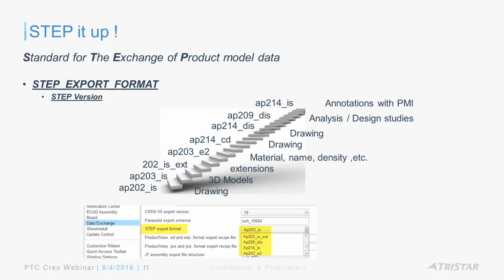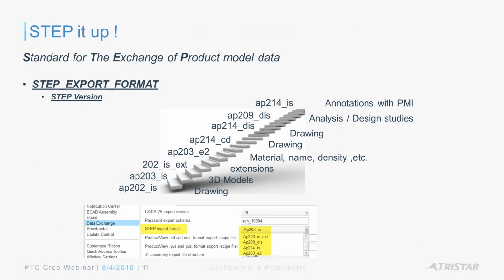When I say STEP file, as you know, within Creo, whenever you export a STEP file, there are config options as well as a setting where you can control the STEP version. Is it going to be AP214 or AP203? STEP really stands for Standard for the Exchange of Product Model Data. It's an international standard, if you think about it.